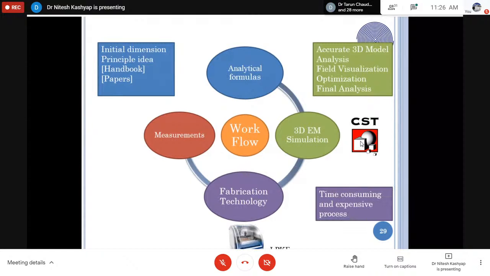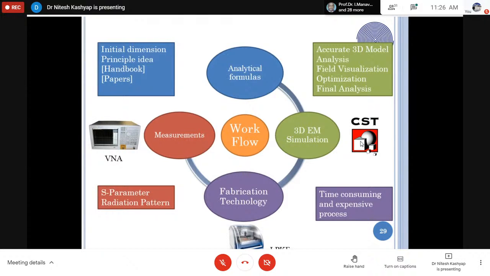Okay, so here the third one is fabrication technology. Here I have shown that this is a very time-taking and expensive process, and I have shown one machine here to print, or to fabricate, the antenna. After that, the measurement will happen at the VNA and other measurement devices.